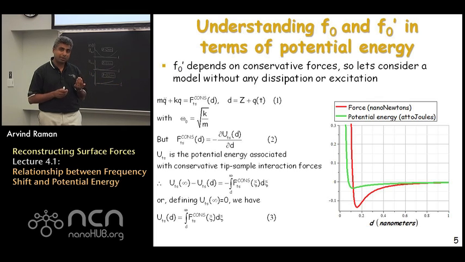So whenever the tip sample interaction force becomes 0, the gradient of the potential energy becomes 0. In other words, F equal to 0 corresponds to a minimum in the potential energy. As you can see, when the red curve, which is the force versus distance, becomes 0, the potential energy, which is the green curve, reaches its local minimum, i.e. the gradient of the potential energy becomes 0 at that point.